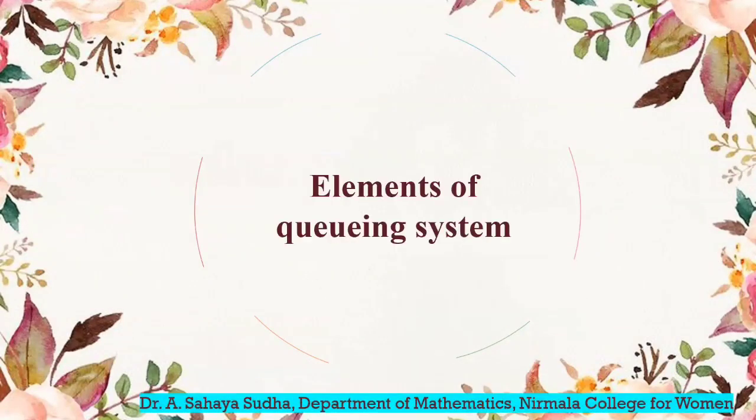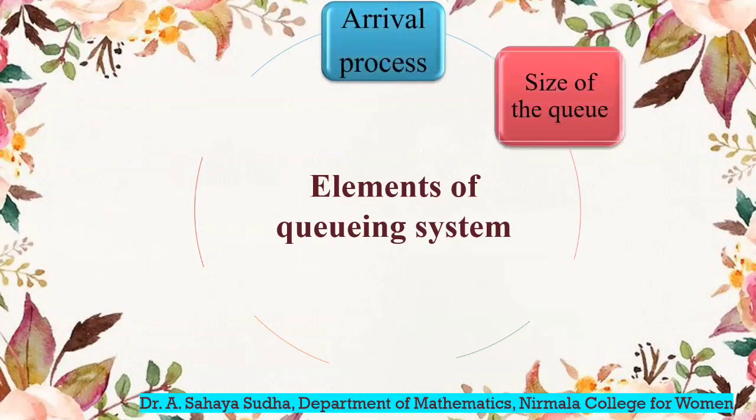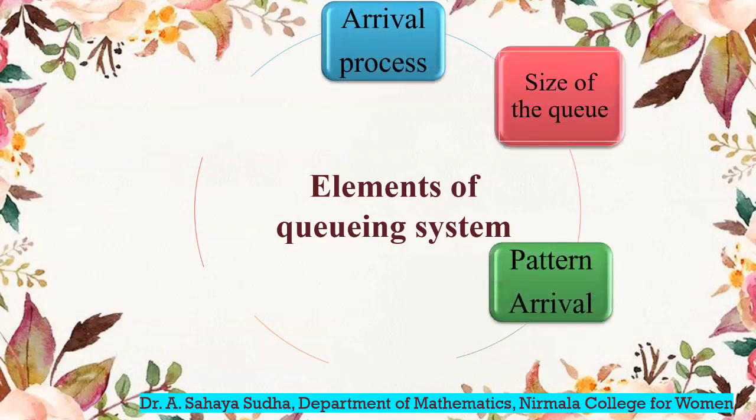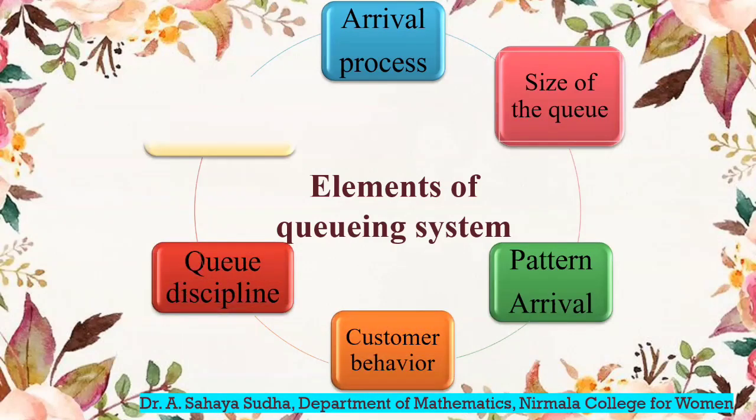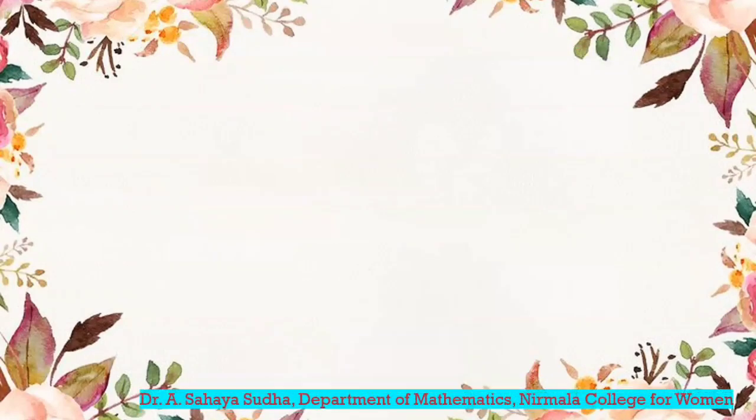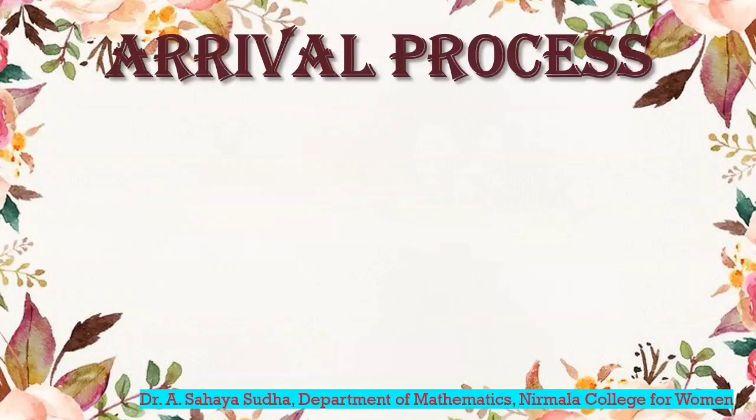Now we will discuss briefly the elements of a queuing system. This consists of arrival process, size of the queue, pattern of arrival, customer behavior, queue discipline, and service mechanism. First, we will see what the arrival process is.